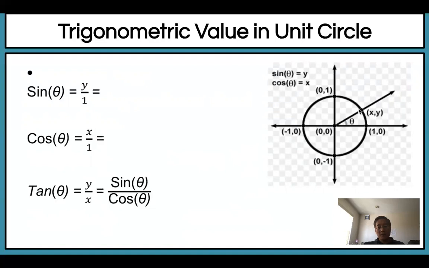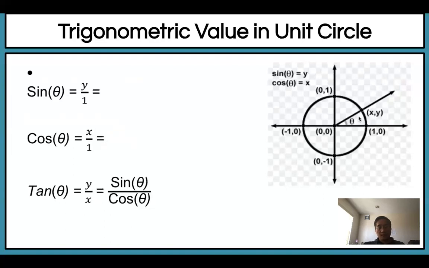What is the hypotenuse in the unit circle? 1. So y over 1, that's the sine of the angle. Cosine is adjacent over hypotenuse. So adjacent is x, hypotenuse 1, which is x, right?